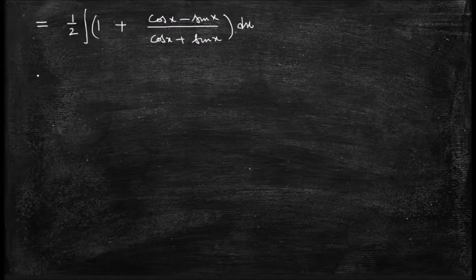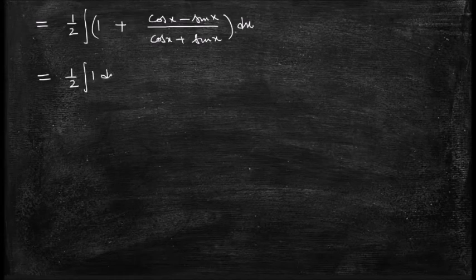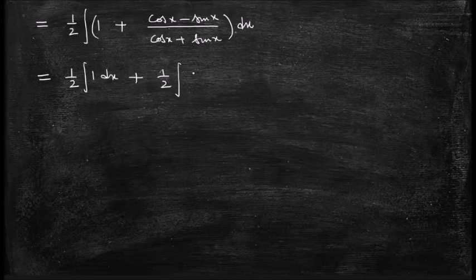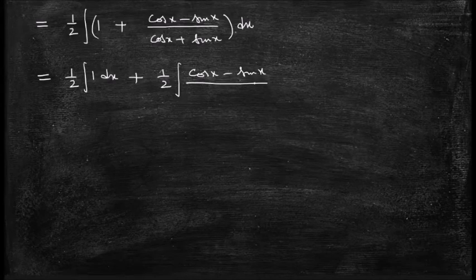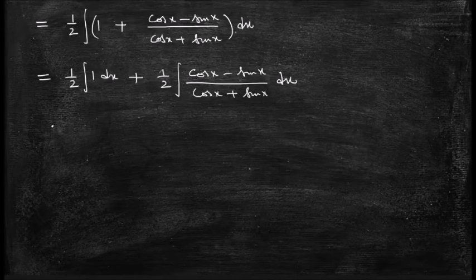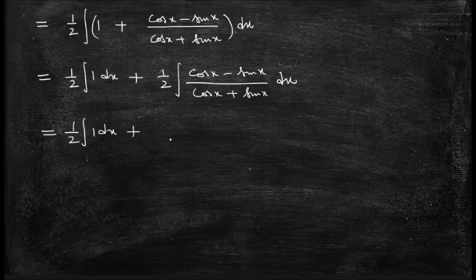I am separating the integration here: half times integration of 1 dx plus half times integration of (cos x minus sin x) by (cos x plus sin x) dx. Now integration of 1 dx, I will keep it because I will make this also get integrated, then I will write the answer exactly. Half times 1 dx, I am carrying it plus.